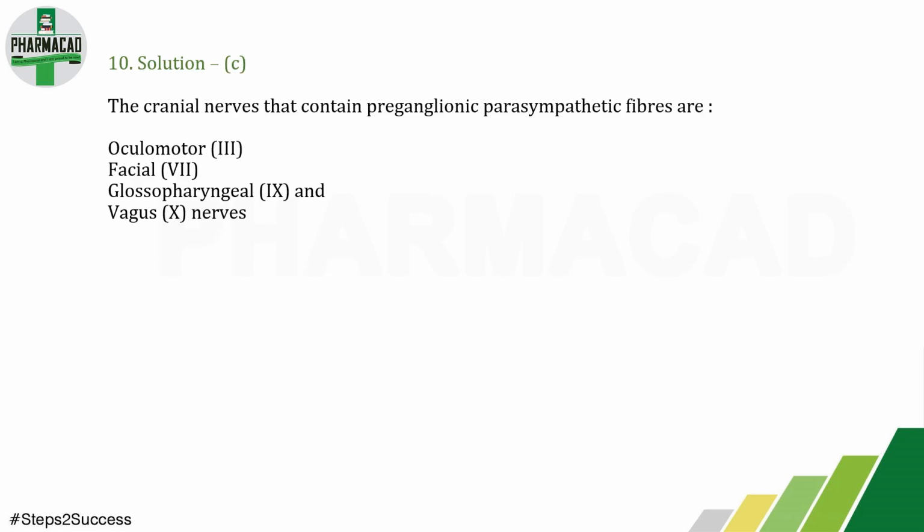The solution is option C: the optic nerve does not contain preganglionic parasympathetic fibers. Remember, there are only four nerves which carry these fibers: the 3rd, 7th, 9th and 10th, that is, the oculomotor, facial, glossopharyngeal and vagus nerves respectively.